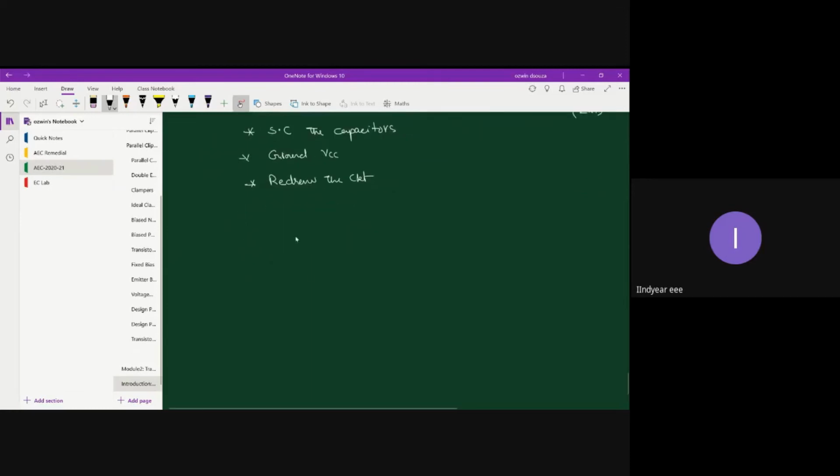This is what you get when you redraw. This is your base terminal. This is your beta re. I'm placing the re model here. And then comes the external biasing resistor, RB.